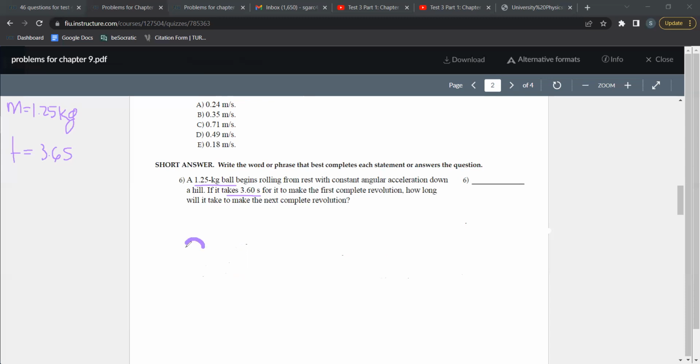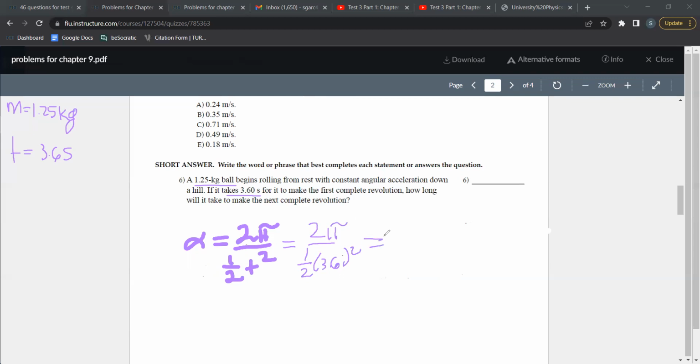Now that I have more space, we can set it up like this. There is an equation that we've got to know. Our angular acceleration, or alpha, is equal to 2 pi over 1/2 of time squared. So we know what our time is: 2 pi over 1/2 of 3.6 squared.